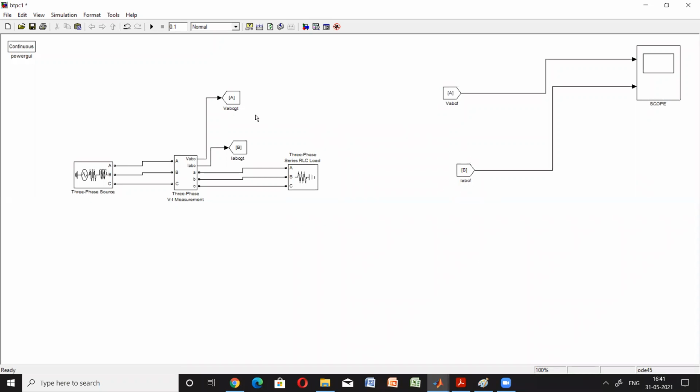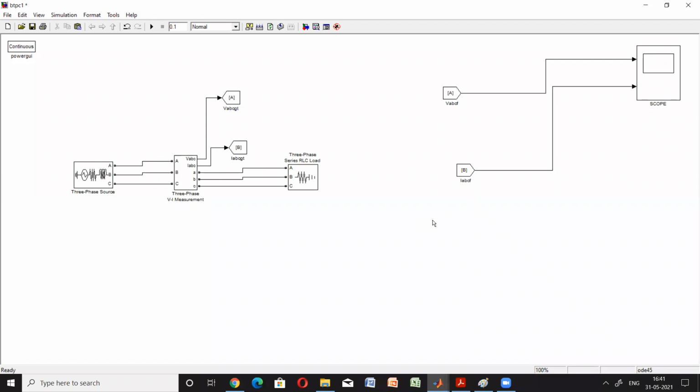As you can see, the VABC Goto and VABC From both have the same tag, that is A, which means these are interconnected. The IABC Goto and IABC From both have the same tag, that is B. We are connecting the B Goto with the B From.